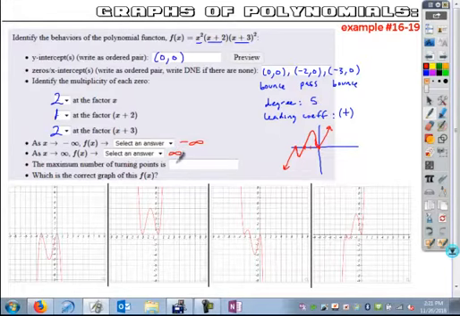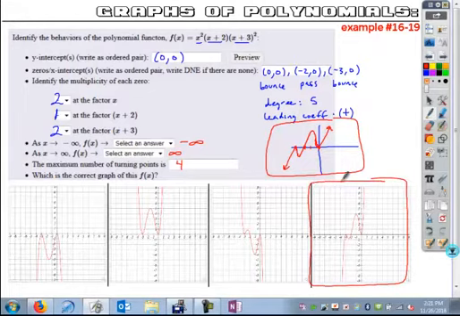At most 4. Now when we count these, here's 1, 2, 3, 4 turning points, so that fits consistently with what we would expect. And so which of these graph options looks the most like what we were anticipating right here? So this last one would be the solution.